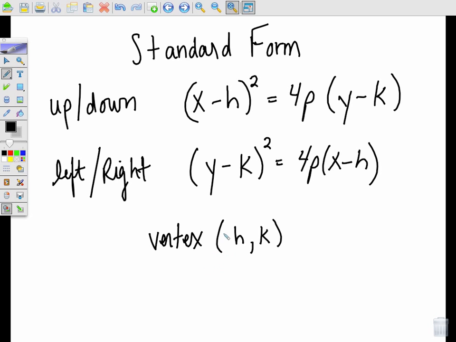And the direction that the parabola opens depends on whether or not you have a negative or a positive. If it's positive, it opens up. If it's negative, it opens down. And same with the right and the left. It kind of goes with the standard form of our x and y axis with positive and negative numbers.